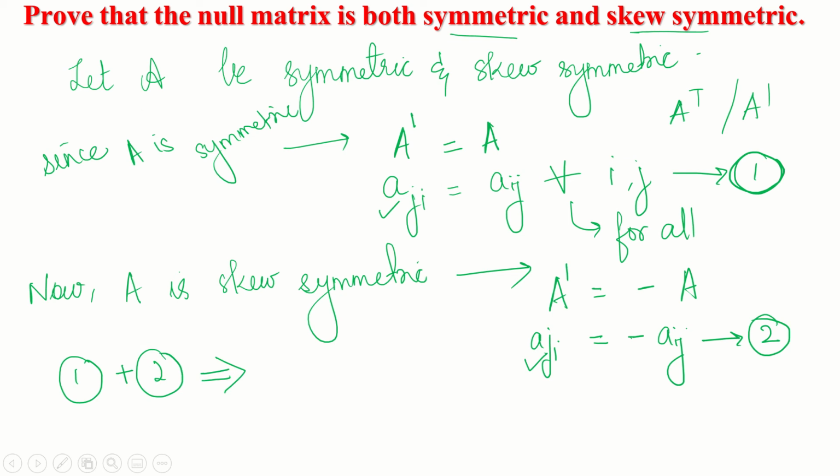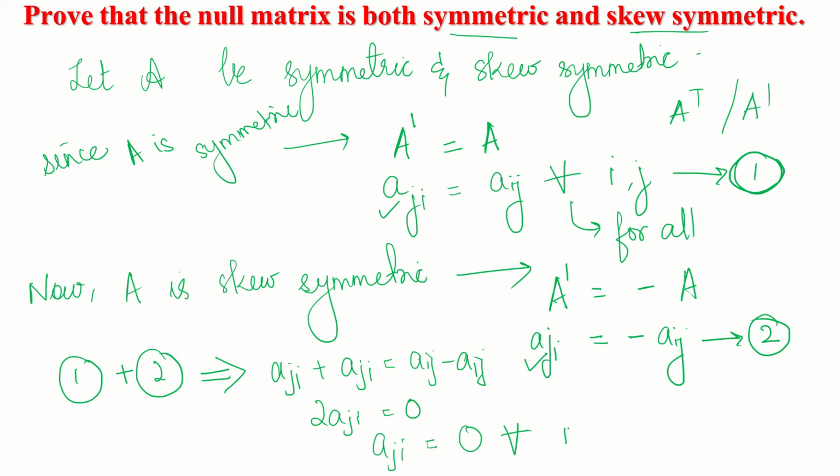Adding them, AJI plus AJI is equal to AIJ minus AIJ, which becomes 0. So 2AJI is equal to 0, which means AJI equals 0 for all I and J.